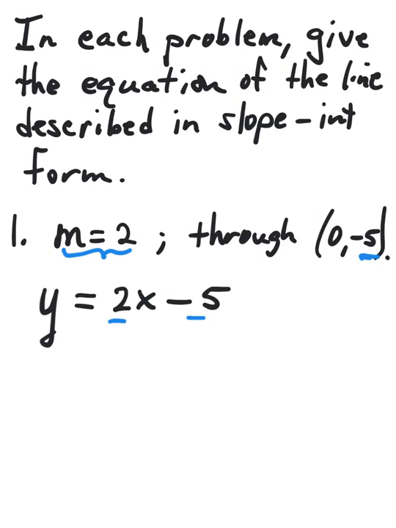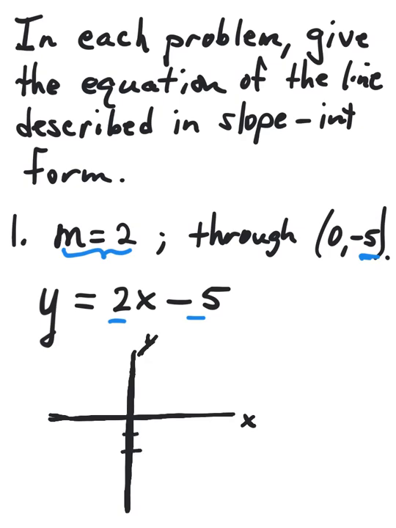I'm going to go ahead and graph this one just as a refresher on graphing lines. Now let's remember, when we're graphing lines, we want to mark off the y-intercept first. We're going to go all the way down to -5.